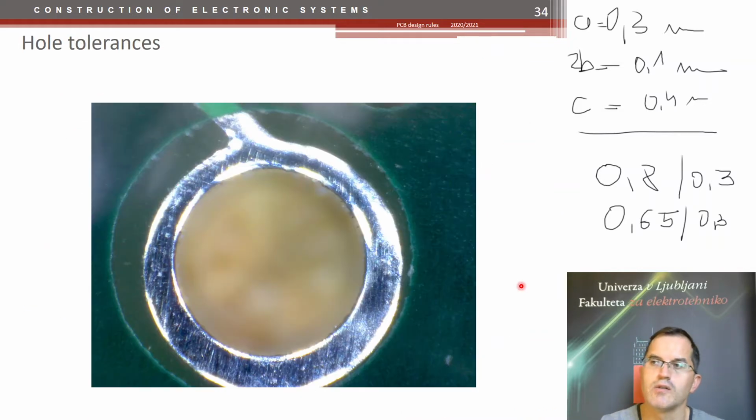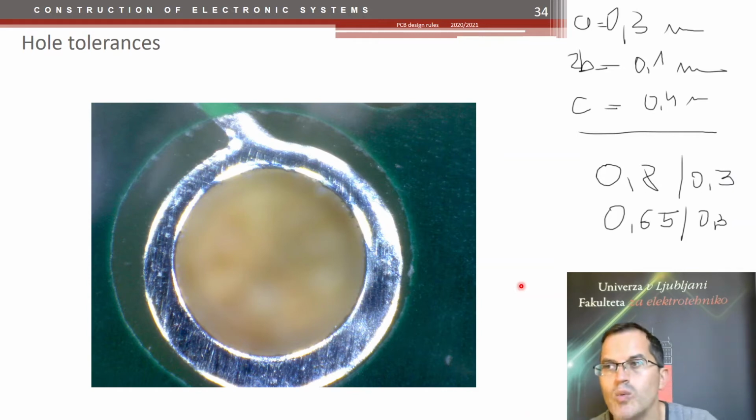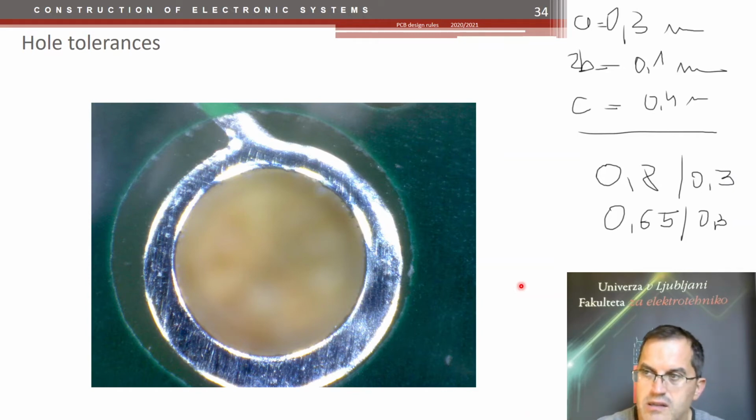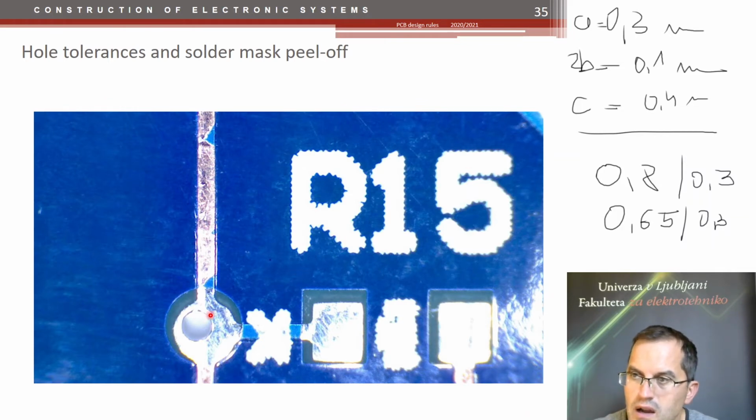So that's how a big hole, big via with a small inner ring looks, but still all according to the specs. See here how the hole missed the center for almost the whole diameter. And thanks to the big annular ring, we could make it.